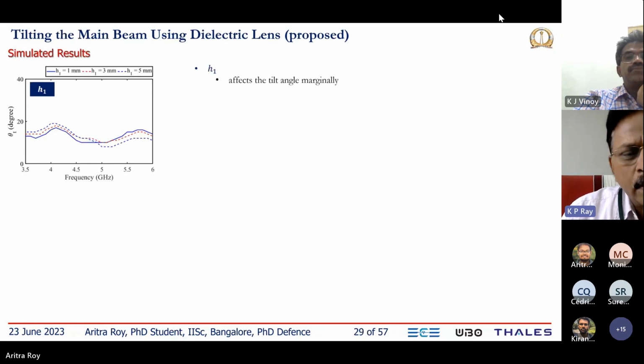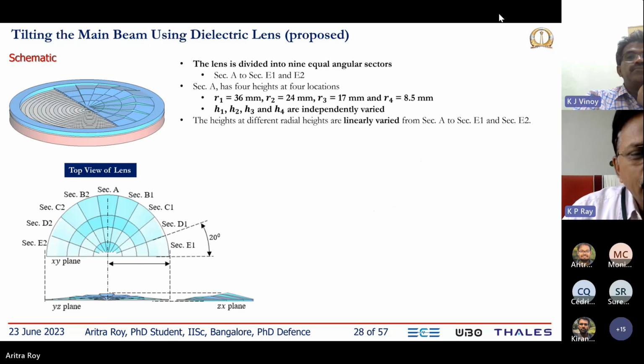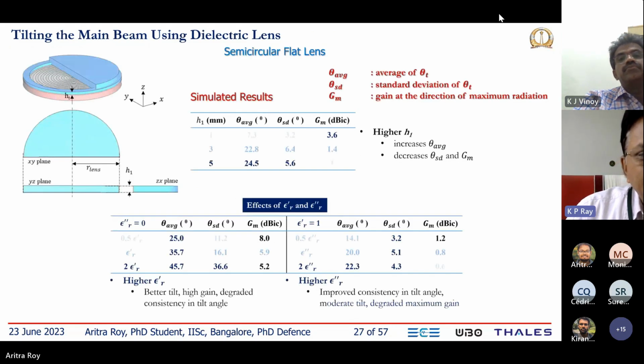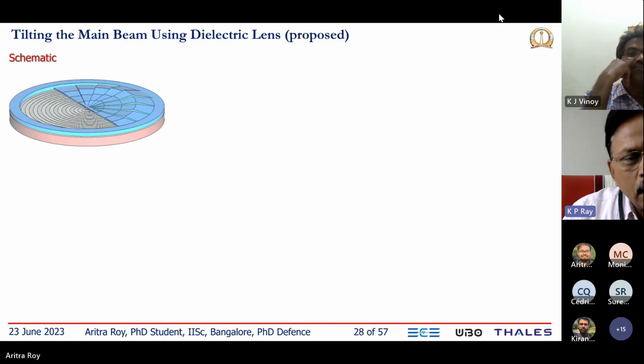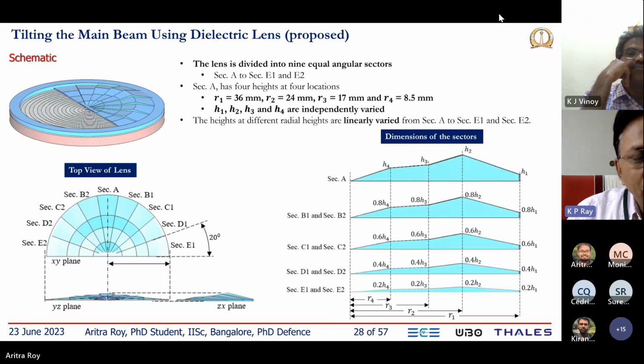So if you had tried increasing the thickness of the lens linearly as you move from the center to the end, probably you could have got a better beam tilt at lower frequency. Because you did modify the thickness of the lens, but you are reducing the thickness. I saw the profile you had presented. So you are reducing it at the end.